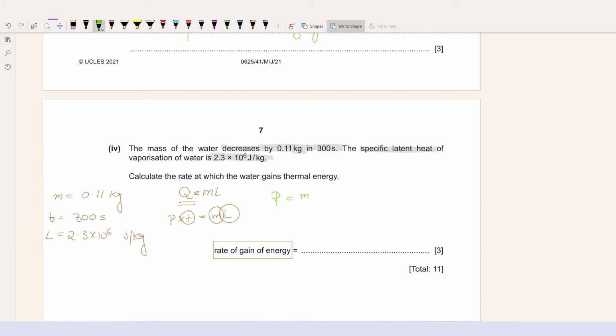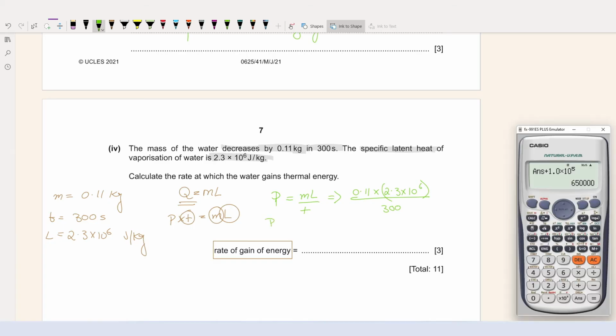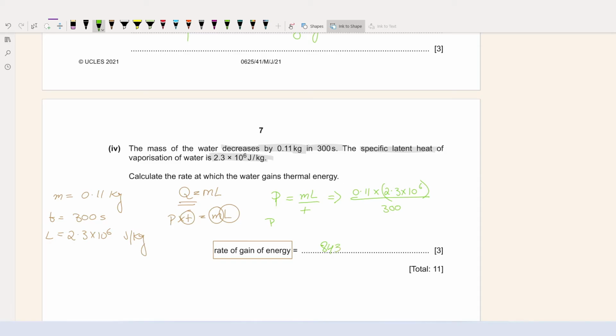We get P equals ml by T, where ml is 0.11 into 2.3 into 10 raised to power 6 divided by 300 seconds, which will give us our P. We'll plug this in the calculator and we'll get 0.11 into 2.3 into 10 raised to power 6 divided by 300, which is 843, and don't forget the units, which is W.